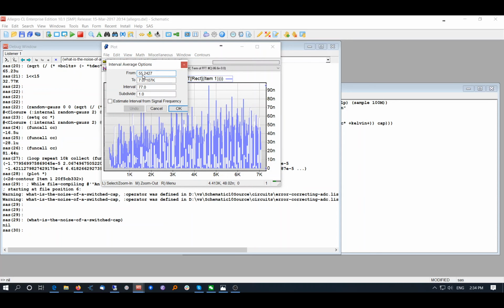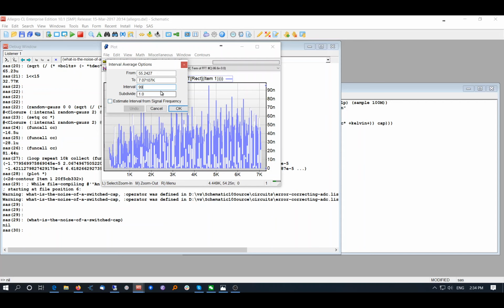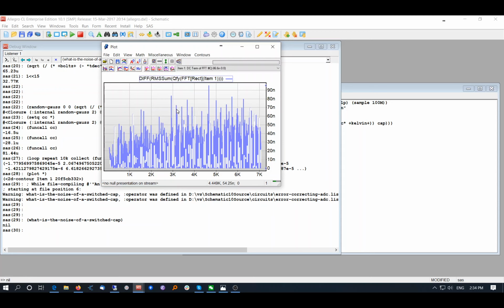From 55, which is the minimum number there, to 707. These numbers are got from the axis, and it's suggesting 77. That's just some random number. I'll turn it to 73. I don't know, there's no particular reason. Let me make this 99. So what the tool is going to do is step by 99s through this range and repeat it with the average. Just watch what happens.